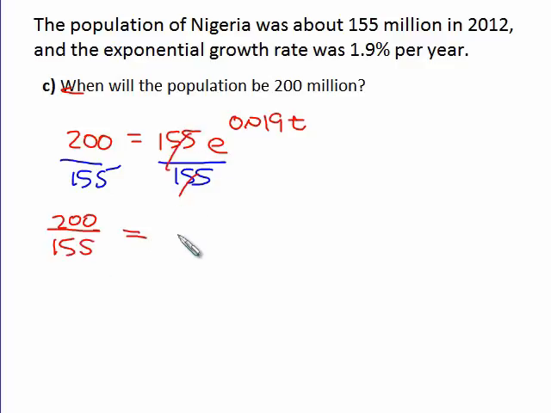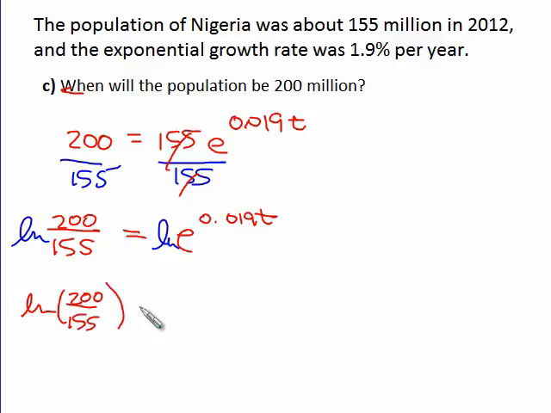But this will leave me with e to the 0.019t. Now, next, to get the t out of this exponential, since my base is e, I'll go ahead and take the natural log of both sides of my equation. And once again, I'm not going to type this in my calculator until t is all by itself. So natural log of 200 over 155, I'll just leave that exact for now, equals, these will cancel, and I'll end up with 0.019t.